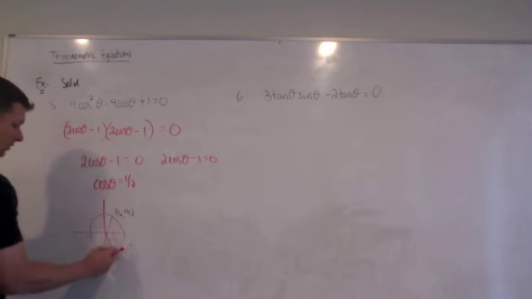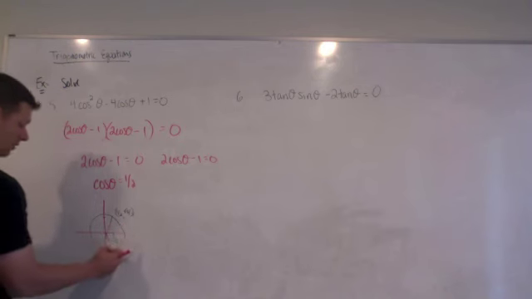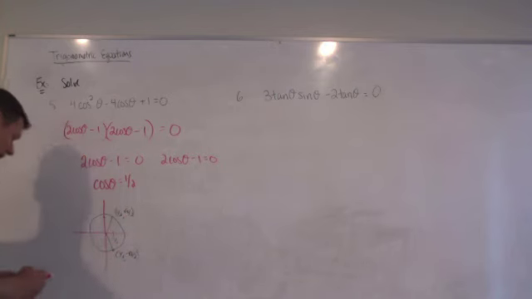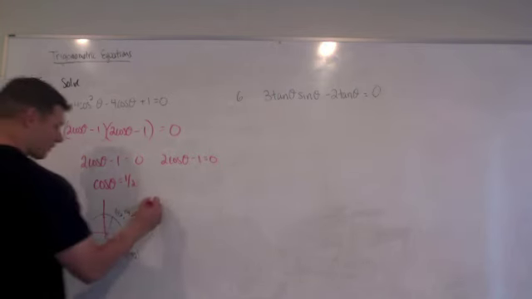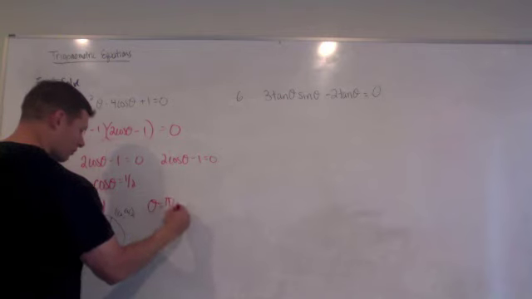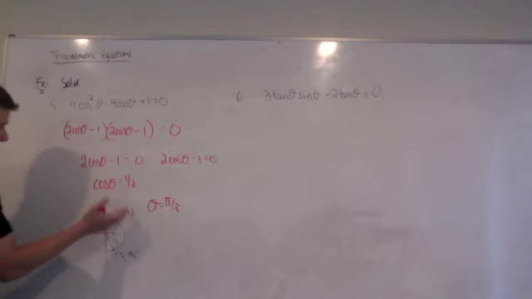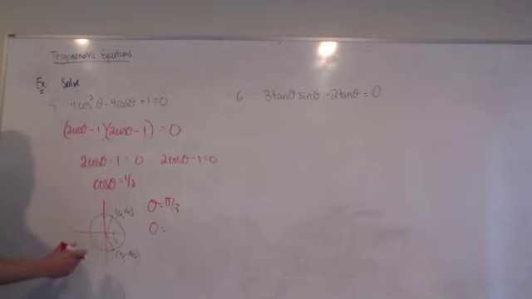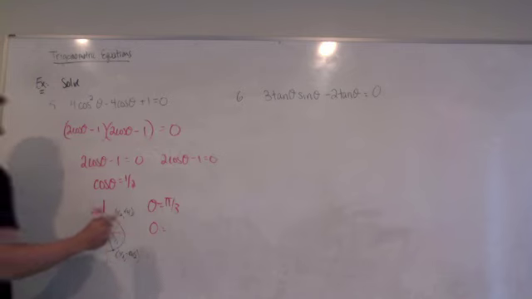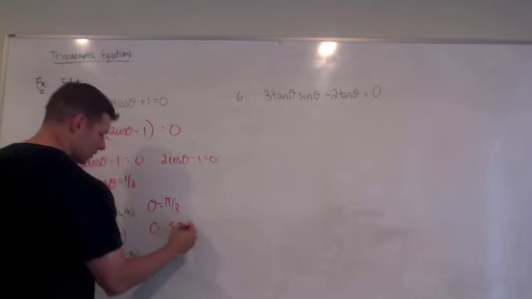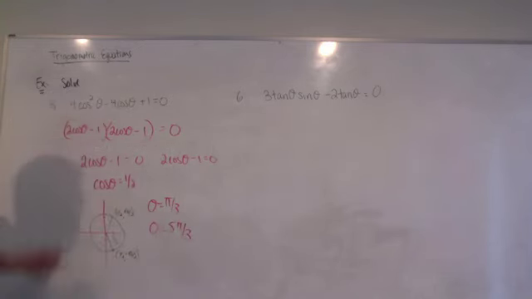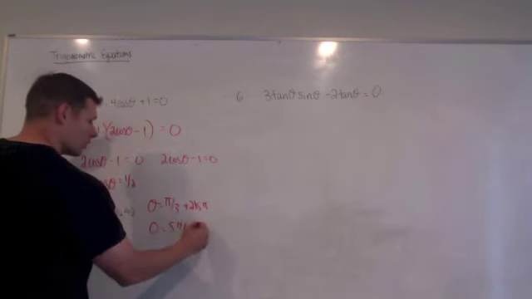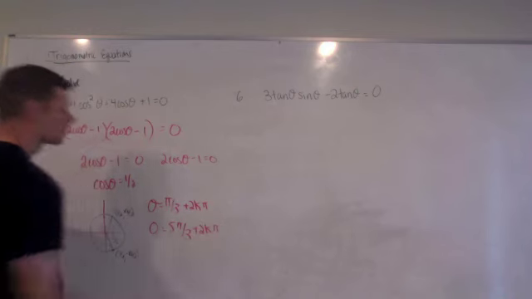Okay, that also gives me over here this guy. That's also when I have a positive value of 1/2 for my x-coordinate, so that's pi over 3. So I have theta equals pi over 3, and in addition theta equals 2 pi minus pi over 3, which is 5 pi over 3, plus any multiple of 2 pi, because I didn't put in a specific interval, so plus 2k pi and plus 2k pi.